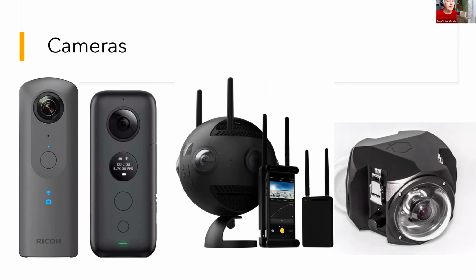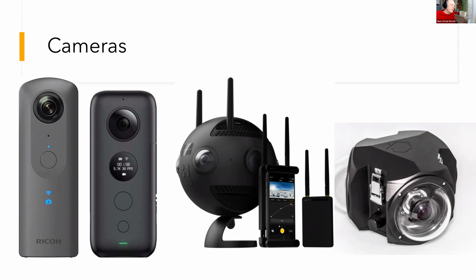On the far left, we have a Ricoh 5, and then an Insta360 X. You can now get an Insta360 X2, and then an Insta360 Pro 2, and then, Ian, I've forgotten the name of the Bluefish, an underwater 360 camera on the far right.